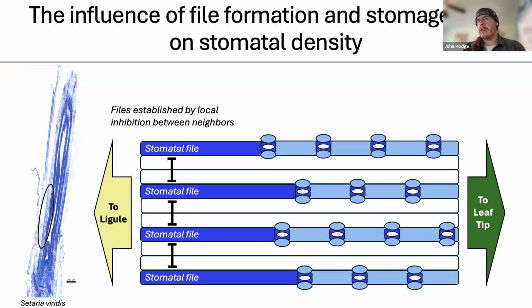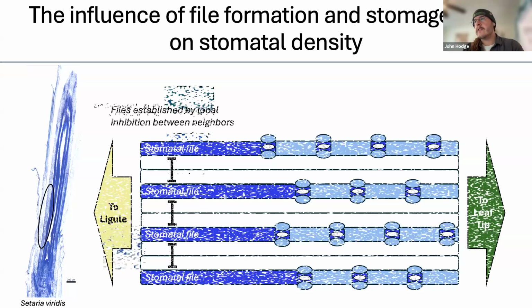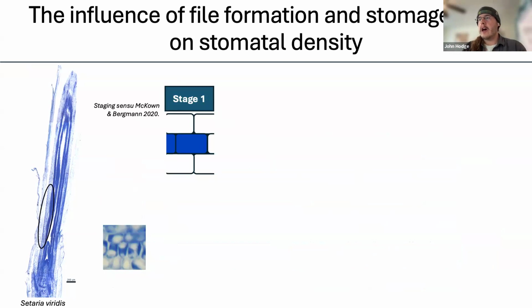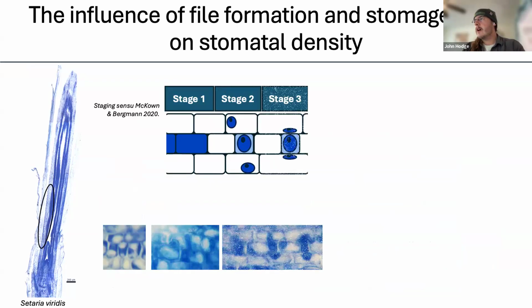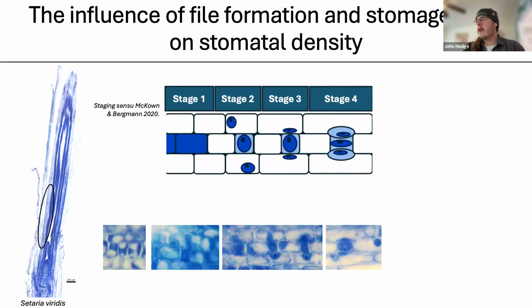Once all of that takes place, though, these key cell divisions go on a rail, where we'll have these fairly boring file cells that will undergo one asymmetric division, producing that guard mother cell that's going to be cytoplasmically dense. That then tends to pull its neighboring nuclei over in order to generate subsidiary cells.